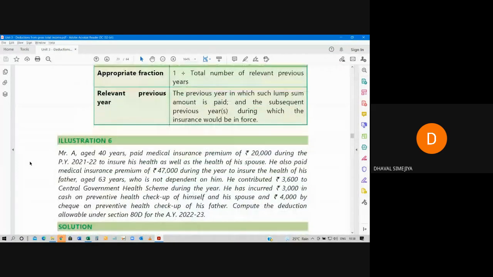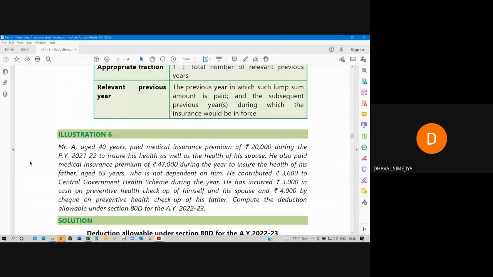Do one thing. Try to solve illustration number 6. Today we will have one more session at 2:30. I will share the timetable in your WhatsApp group. Okay? 2:30 p.m. we have one more session today. And from today onwards, I think every day there will be one session.